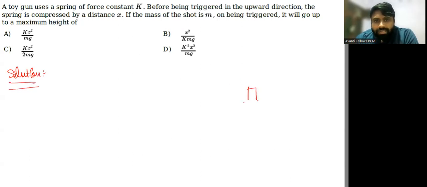So here you have, let's say, a toy gun, and you have a shot inside that. But in this, you have a spring. It has a spring constant k.